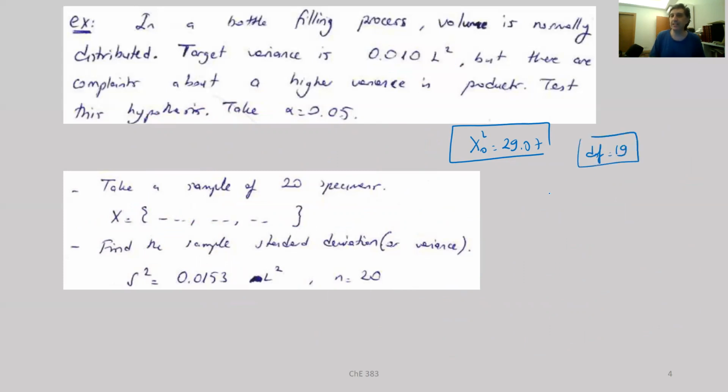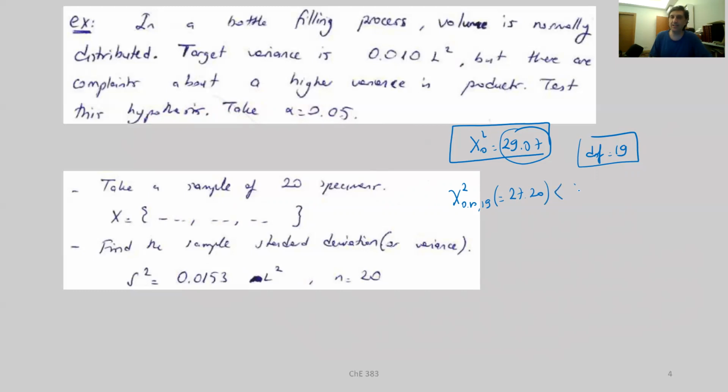In our textbook, we search for the corresponding chi-square values on the left-hand side and on the right-hand side of this sample value at 19 degrees of freedom. If you do that, you will see that chi-square 0.10 at 19 degrees of freedom is equal to 27.20.